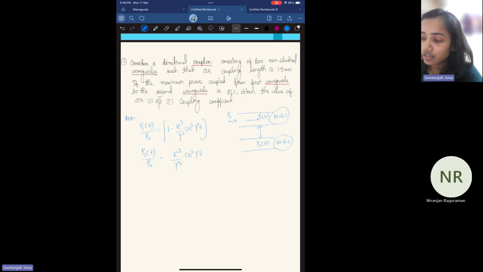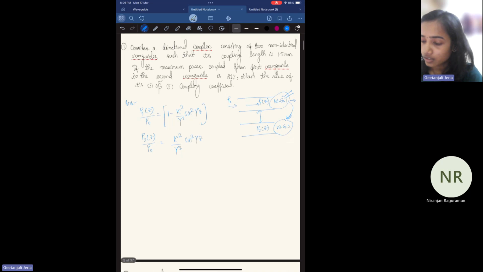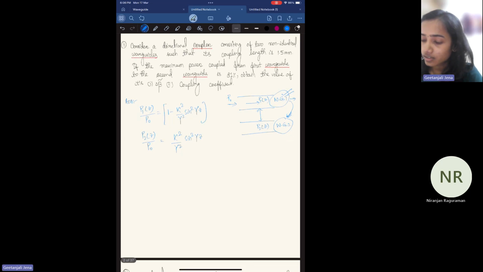By coupling length, we mean that whatever amount of power is coupled to waveguide 1 is transferred to waveguide 2. That means at this coupling length, no power flows in waveguide 1; all the power is coupled to waveguide 2. So P2(z)/P0 will be maximum at this coupling length, which is at z equal to Lc, and the maximum value of sin squared is 1.